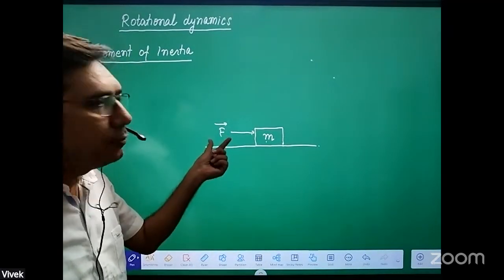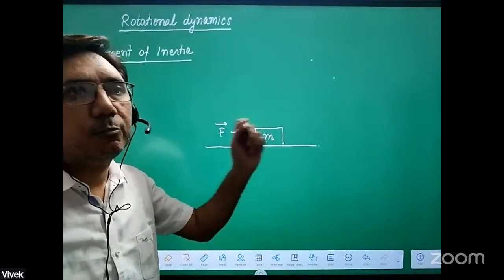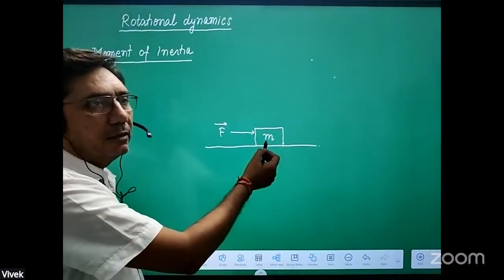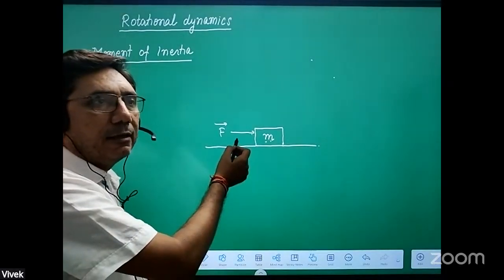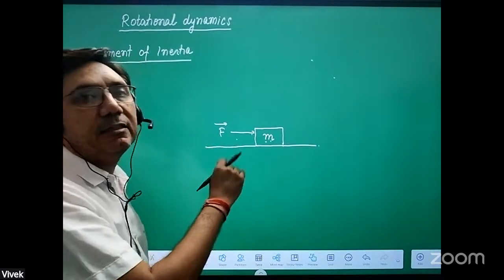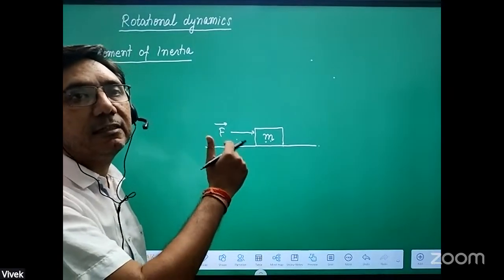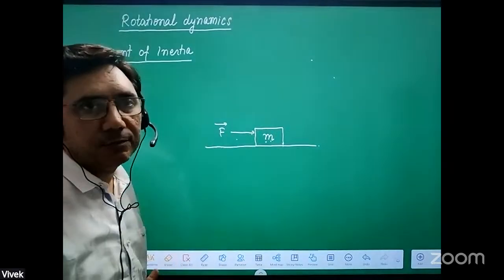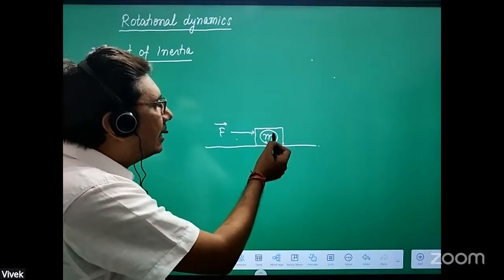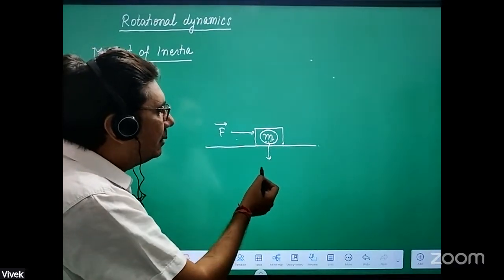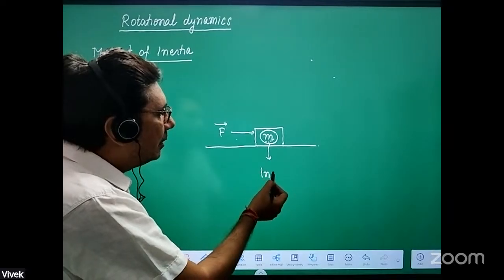But how much force is required so that it starts moving depends upon the mass. The higher the mass, the higher the force required so that it can change its state from rest to motion. So here, this mass m is acting as the property of inertia. It is representing inertia.